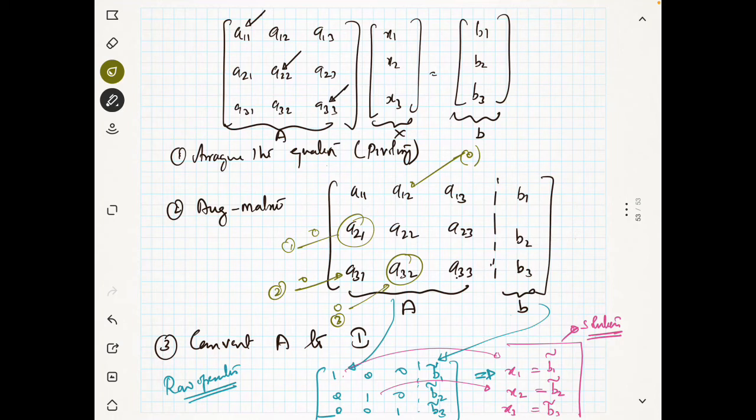If this becomes 0, then you can use row 3 to make this 0. You can use this as step 4, this is 5. Next you can make this 0 also. According to your logic, you can proceed, but start from the left side. That means second row left side, procedures 1, 2, and 3. Very important.